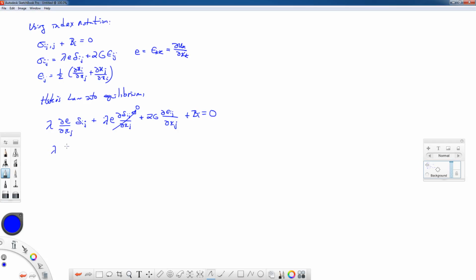So we have lambda partial derivative of e with respect to xj plus 2g partial with respect to xj of the quantity one-half partial of ui with respect to xj plus the partial of uj with respect to xi, plus our body force term bi is equal to 0.